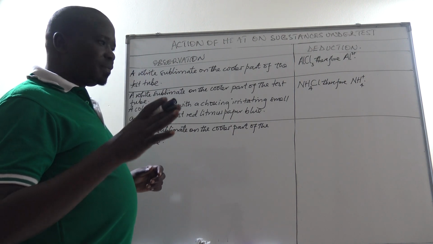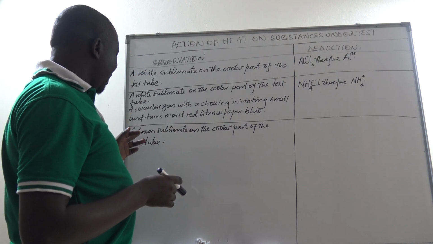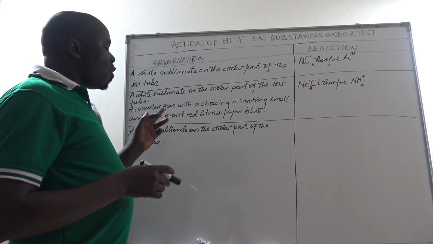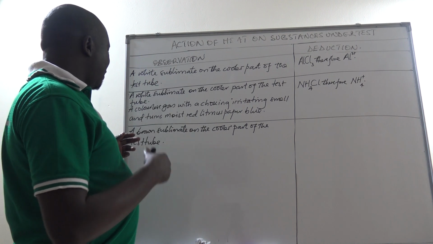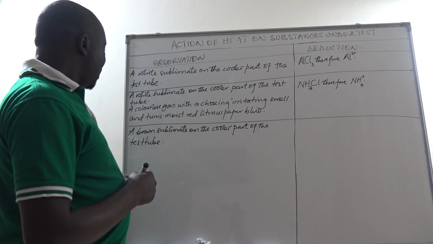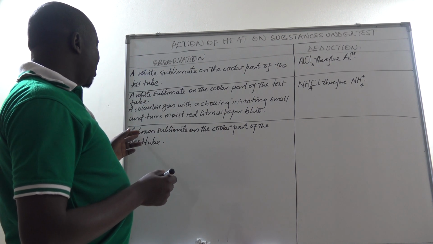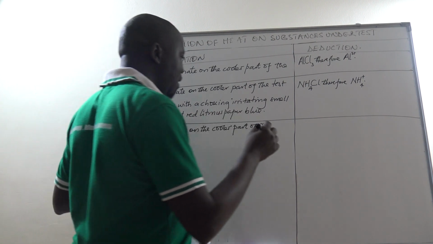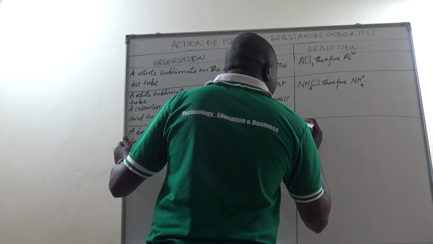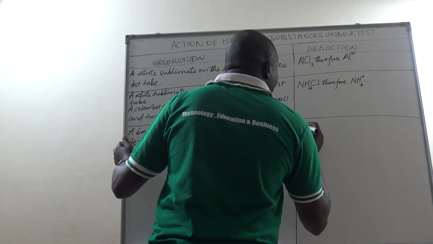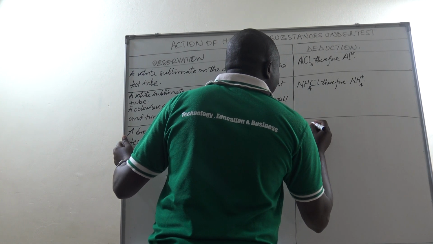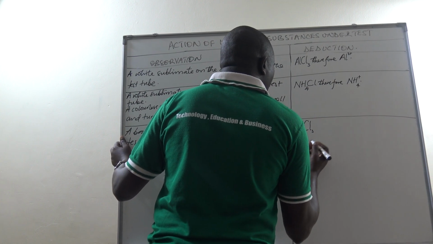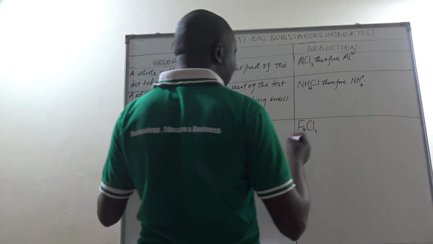That is just a reminder, but remember that here we are talking about the product or what is observed as a result of the process of heating. So if it is iron 3 chloride, we are able to get a brown sublimate on the cooler part of the test tube. And that brown sublimate, since it is brown, must be containing iron 3 ion, and indeed it is iron 3 chloride in particular, which is able to undergo sublimation.